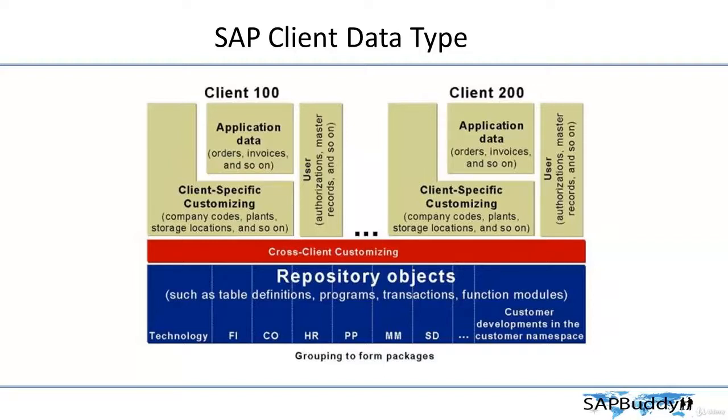These are all related to Basis, which is related to technology, and they have their own tables and programs. We also have customer development in the customer namespace. Let's say if the customer develops their own programs or their own tables, then those are also repository objects.